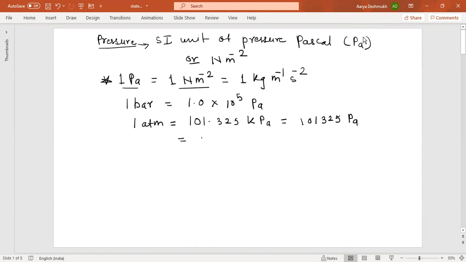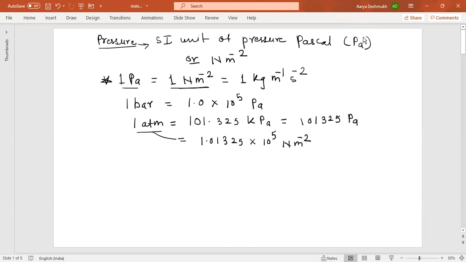You can convert this 1 atmosphere into Newton per meter square also. Now instead of this you can write 1.01325 into 10 raised to 5 Newton per meter square.